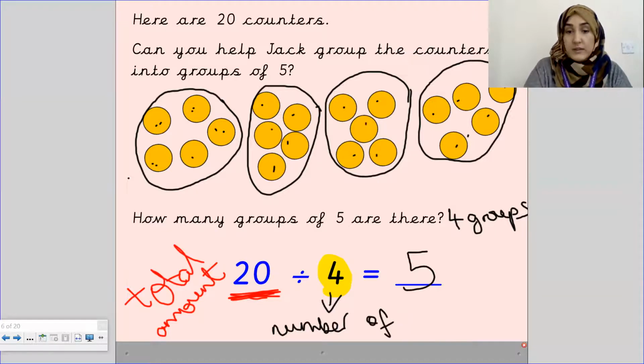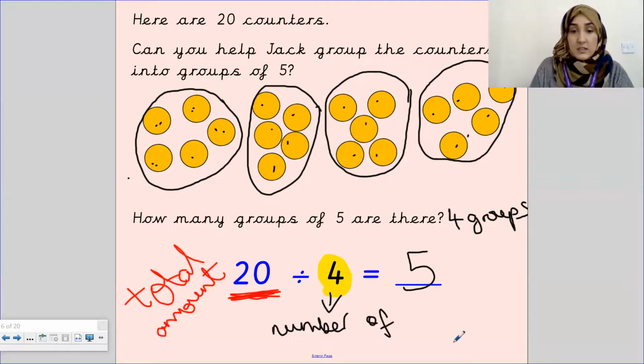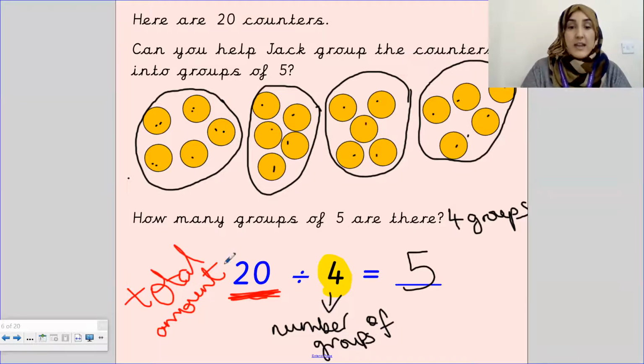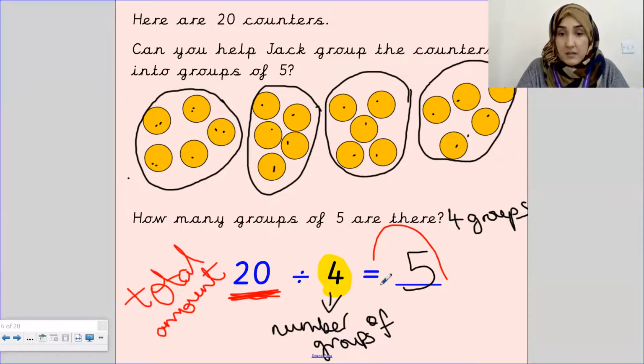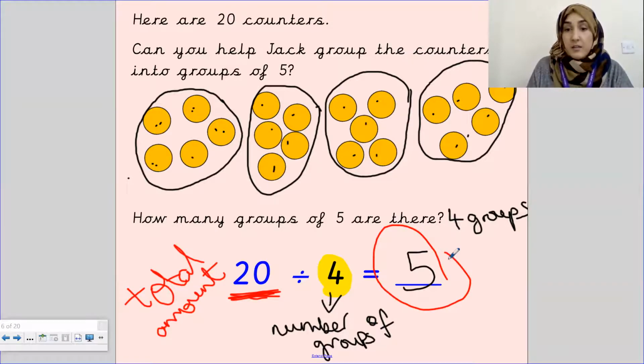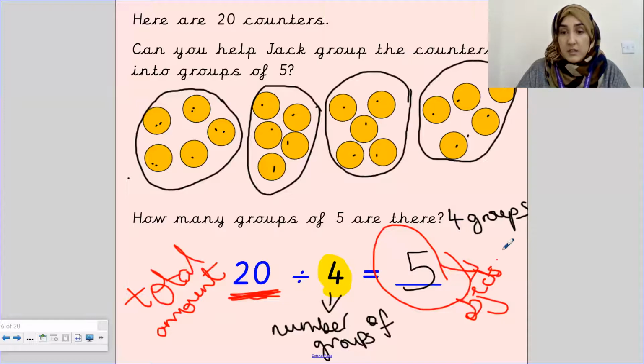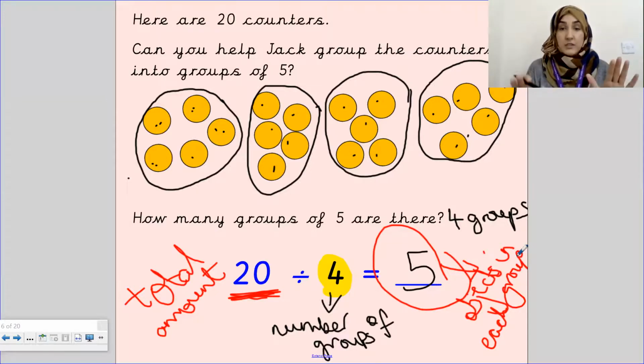Now this number here is the objects in each group. Okay, so pause the video here, digest this, and it will help you when we complete your challenge.